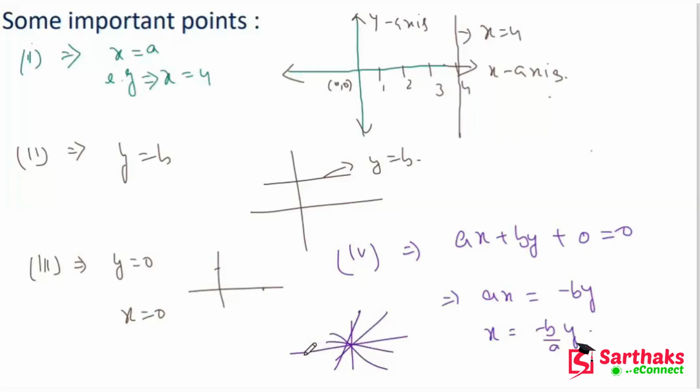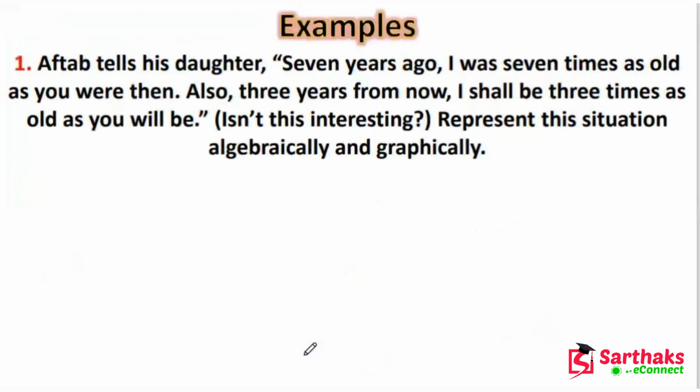Now let's move on. Here we are doing some examples. The first question is that Aftab tells his daughter that 7 years ago, I was 7 times as old as you were then.